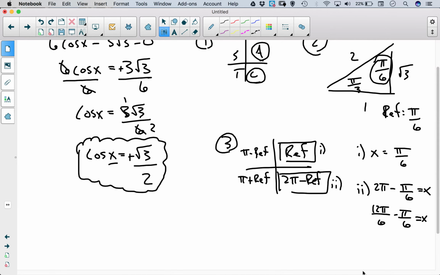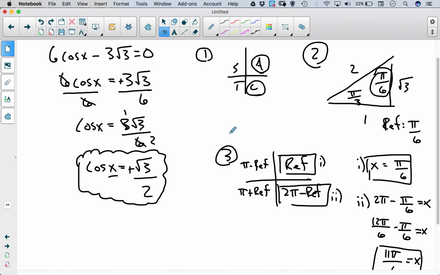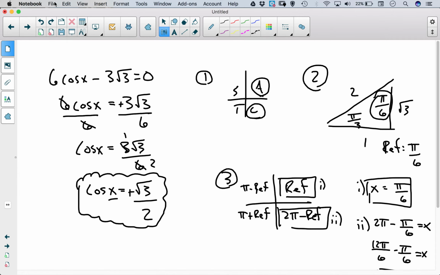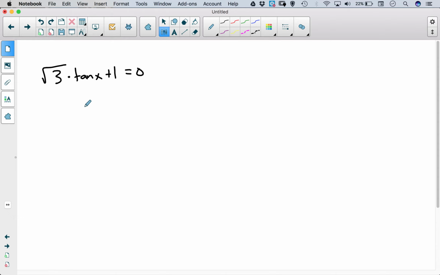This is going to equal 11 pi over 6 equals x. So there is one of our answers, and here is our second answer. Absolutely pause or rewind if you didn't catch anything, but if not, move forward. I'll do a different example using tan.